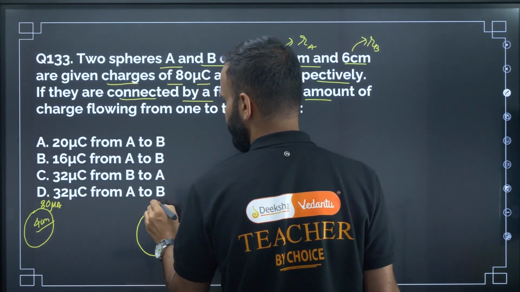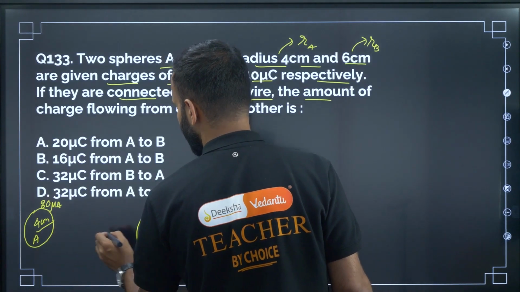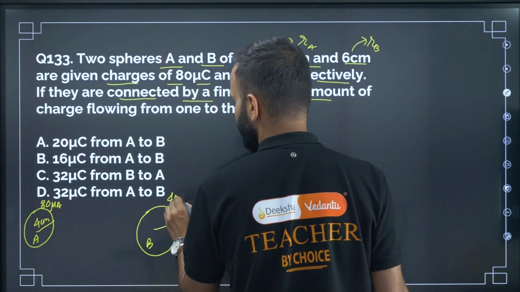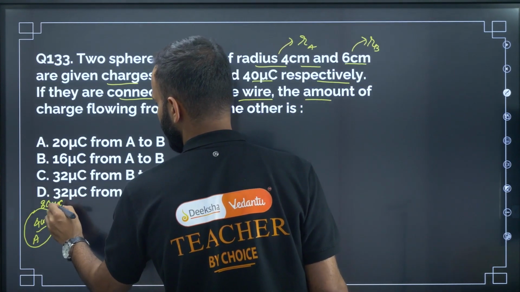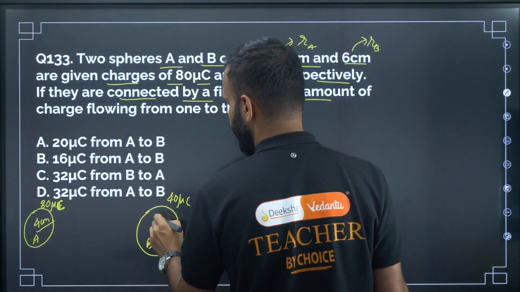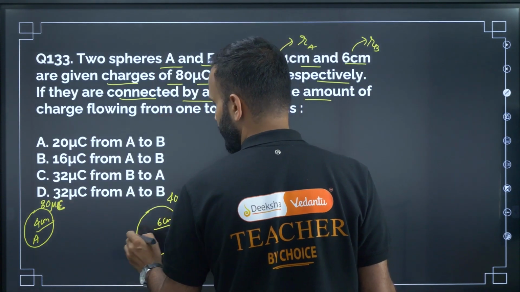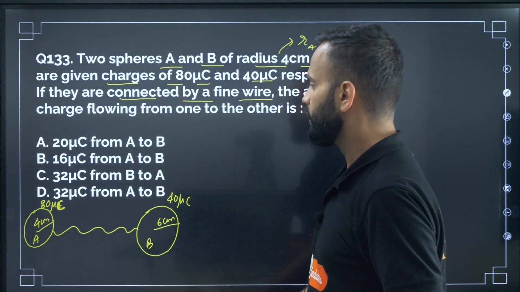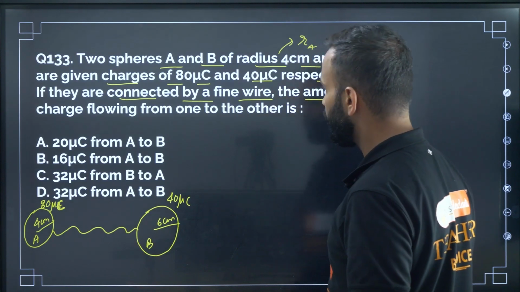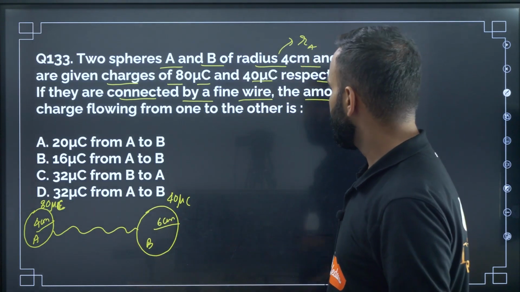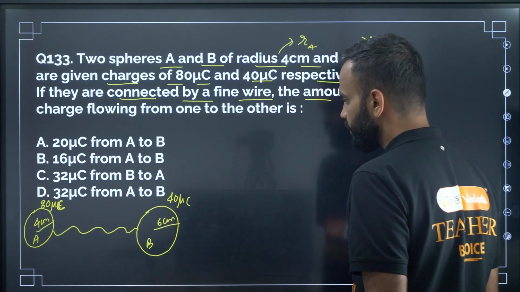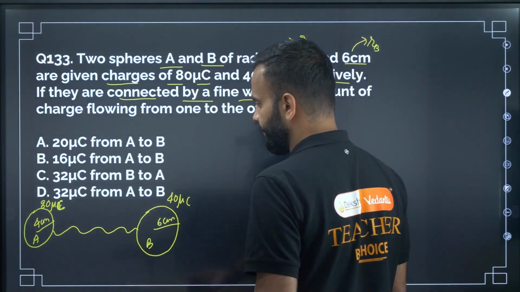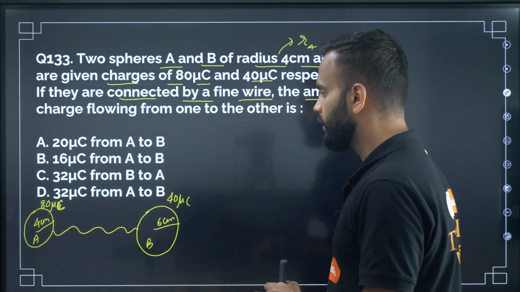Initial charge on sphere B is 40 microcoulomb, the radius is 6 centimeter. Now these two are connected by fine wire. We need to find the amount of charge flown from one to the other, right? Here some charge will move from one to other.